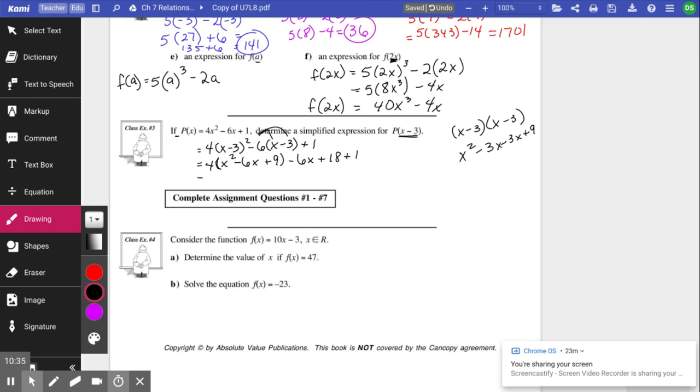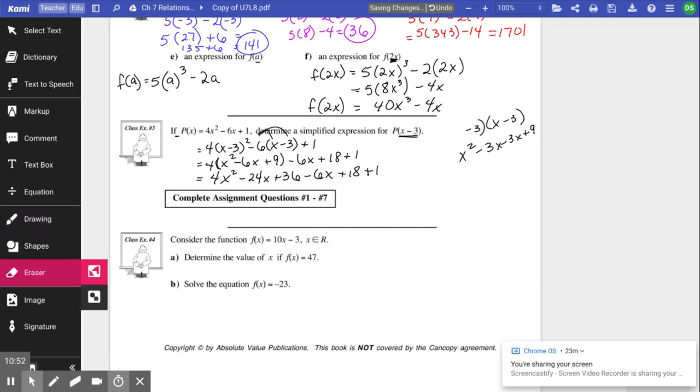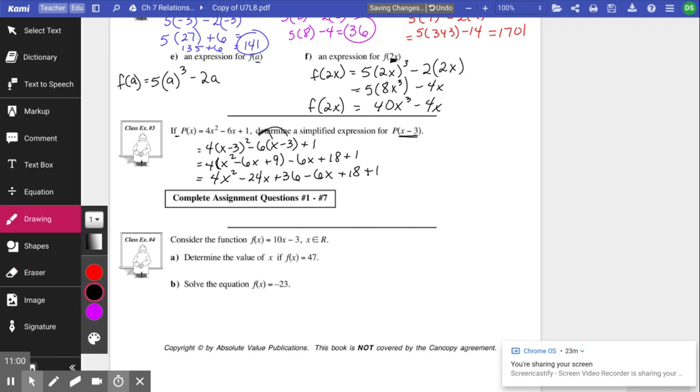Okay, more work. Multiply the 4 inside. Copy down the rest of it. I'm going to erase my work over here. Whoops. Okay, now I'm going to combine terms.